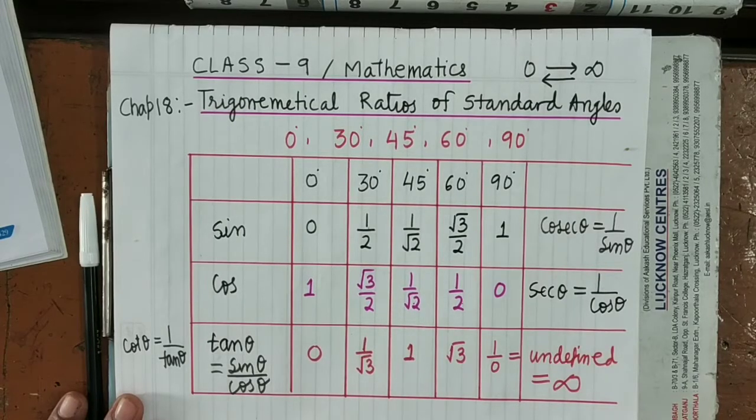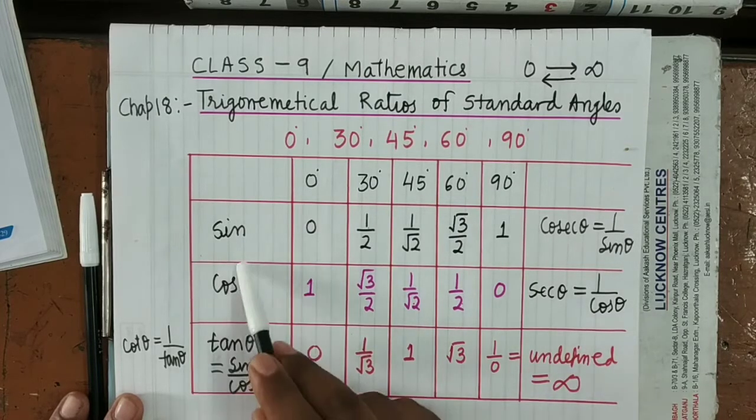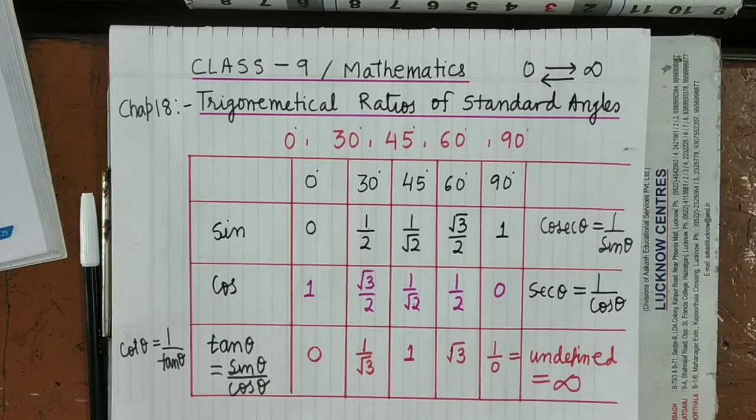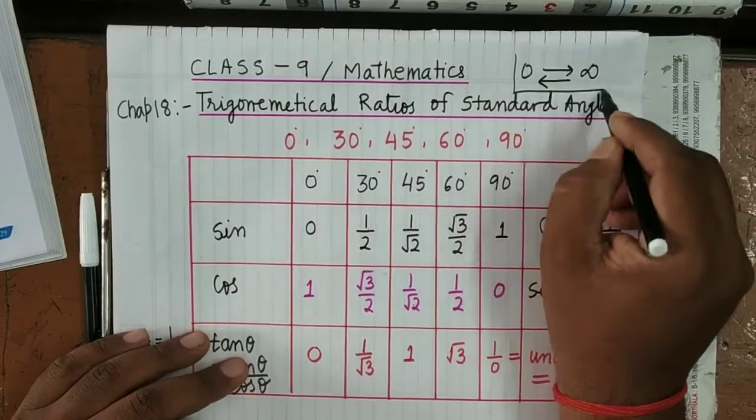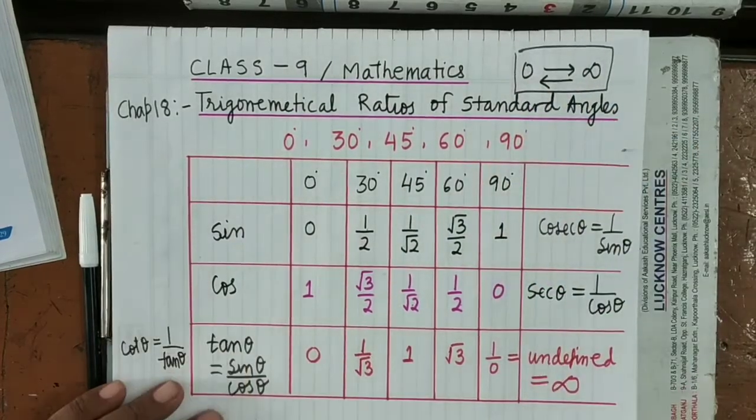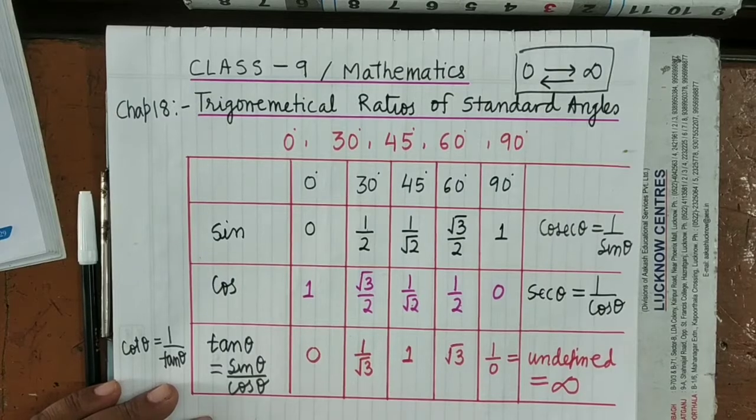Now if you have to determine the reciprocal values for cosec: cosec 60 degree is 2 upon root 3, cosec 45 degree is root 2 upon 1, cosec 90 degree is 1, and cosec 0 degree? Remember this: reciprocal of 0 is infinity and reciprocal of infinity is 0.